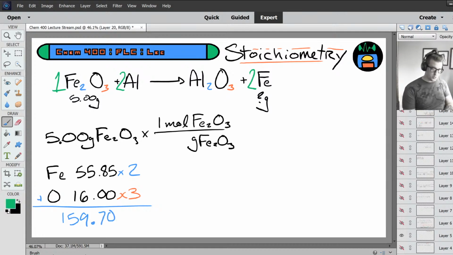Again, because we're doing addition here, you have to pay attention to precision, and it actually adds to a perfect 159.7, but because each of the numbers we added is precise to the second decimal place, we have to add a 0 to give it the correct number of sig figs. So 159.70 is the molecular mass of iron 3 oxide. Now grams of iron 3 oxide cancel.